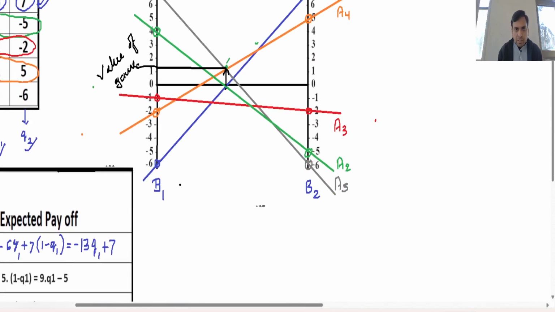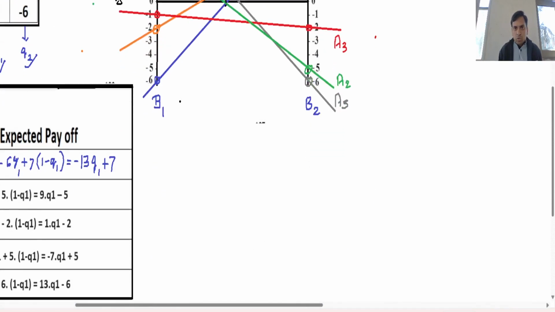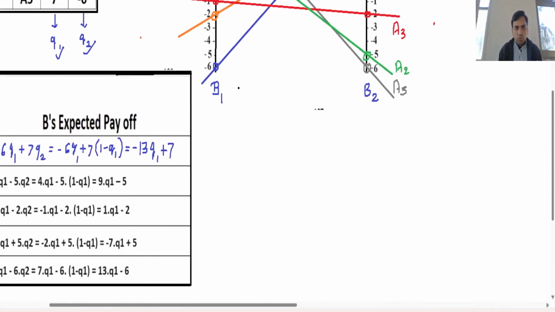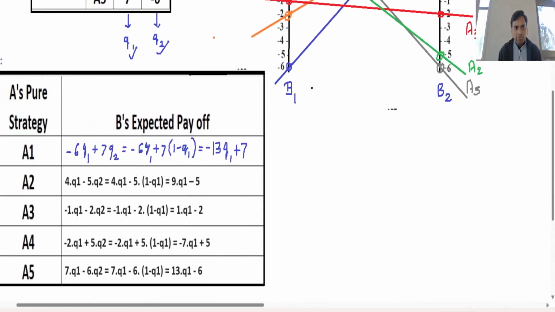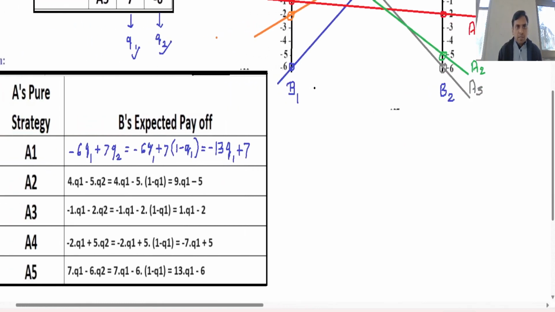The first strategy is A4 and the second strategy is this gray one, A5. So this is the combination of A4 and A5, and we will equate these two values.